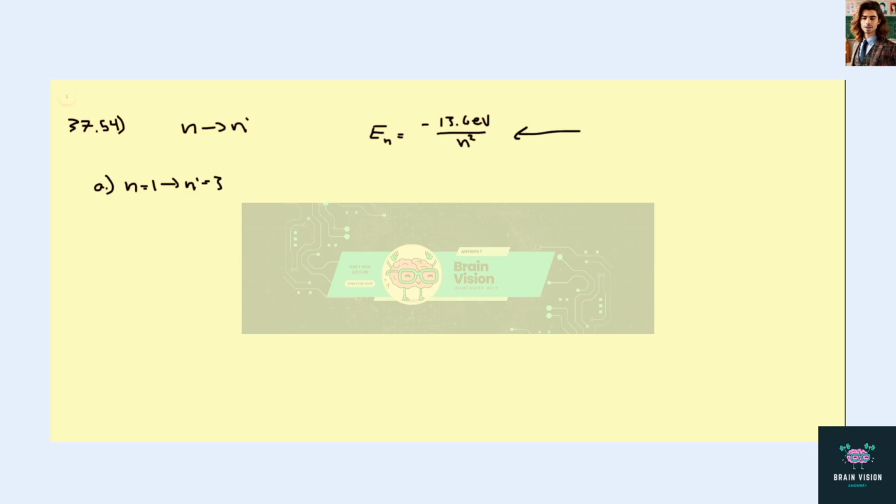Based on this equation, higher energy levels are going to have higher energies because of this negative sign, right? So you'd think it was the other way around because N squared is on the bottom, and greater N squared means a lower number, but since it's negative, that's actually a higher energy. So if N prime is our higher state, then we know this is absorption because we're going from a lower energy to a higher energy.